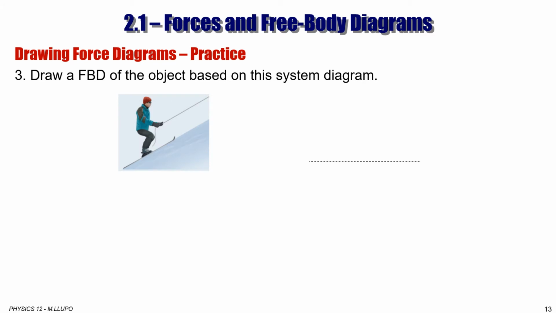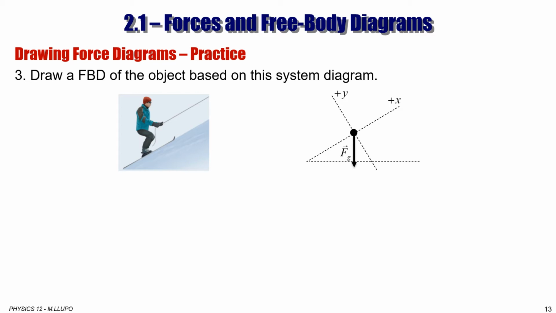So we can draw a free body diagram of that object on the left. You see that it is not a horizontal surface, it is an inclined surface at a certain angle. Then you can draw the x-axis along that surface and the y-axis perpendicular to the x-axis, or perpendicular to that surface.